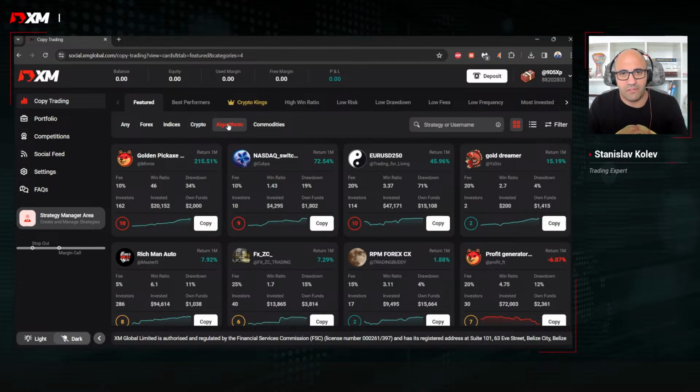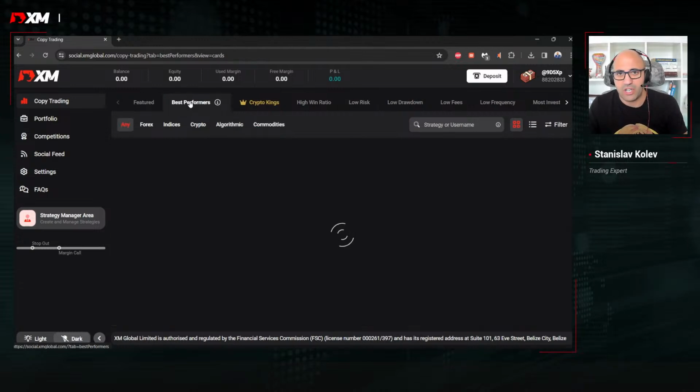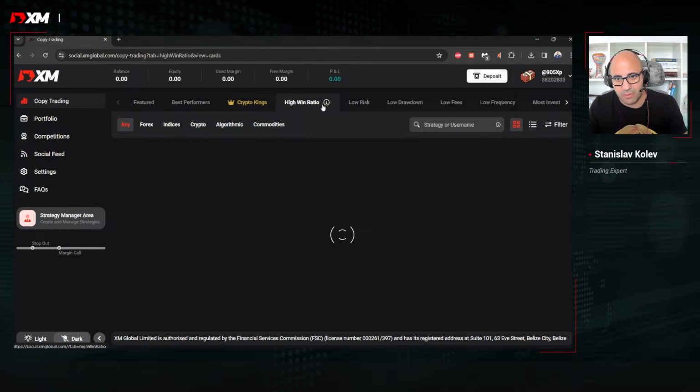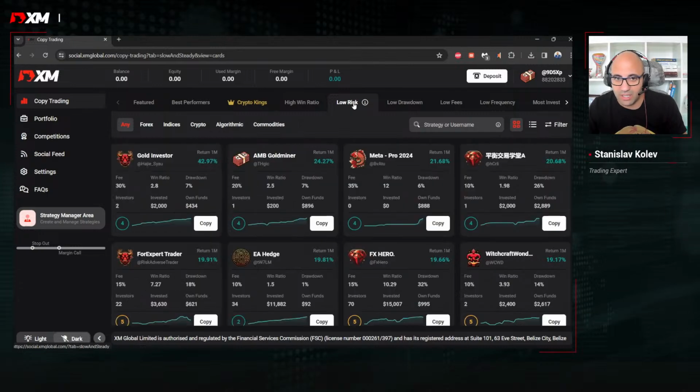You could find commodities, etc. On the upper band, you could see which are the best performers, the crypto kings, people that are into crypto trading, and a high win ratio, which means a very high hit rate, and people that have very low risk in their account, which means the drawdown is low.